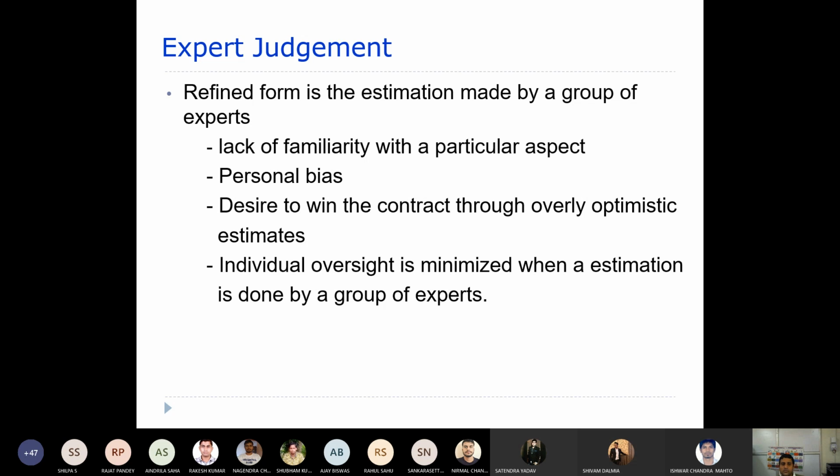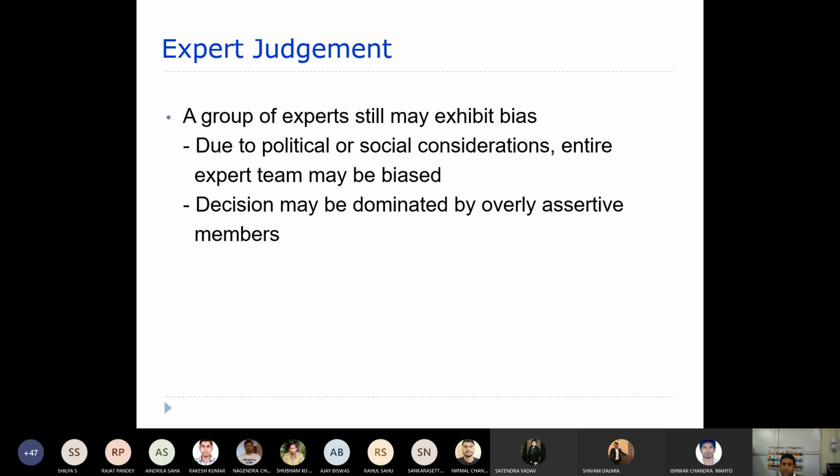So a group of experts still may exhibit bias. Due to political or social consideration, maybe depending upon some social considerations. Maybe due to all these different reasons, the entire team may be biased. That is what I said, because you wanted to win that particular contract.